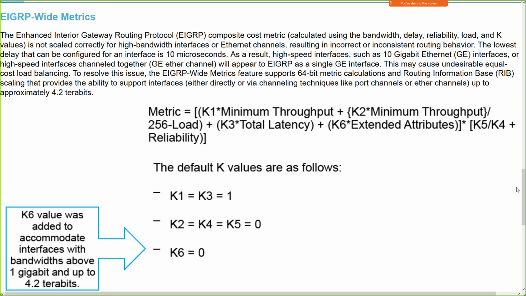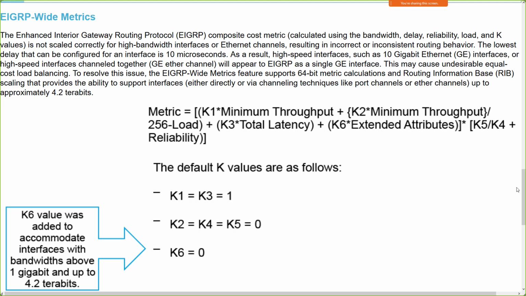Traditionally in the past, that wasn't an issue because we didn't have 40 gig links and 100 gig links and terabit links and so on. We only had maybe sub megabit and megabit interfaces and 10 meg interfaces and 100 meg interfaces and so on.